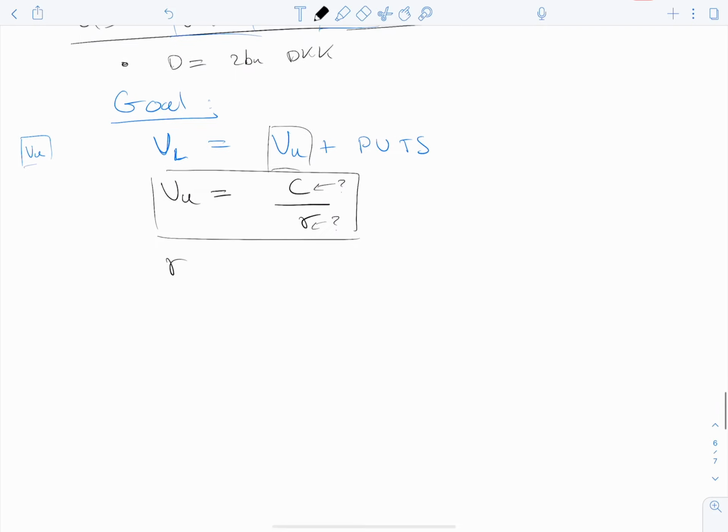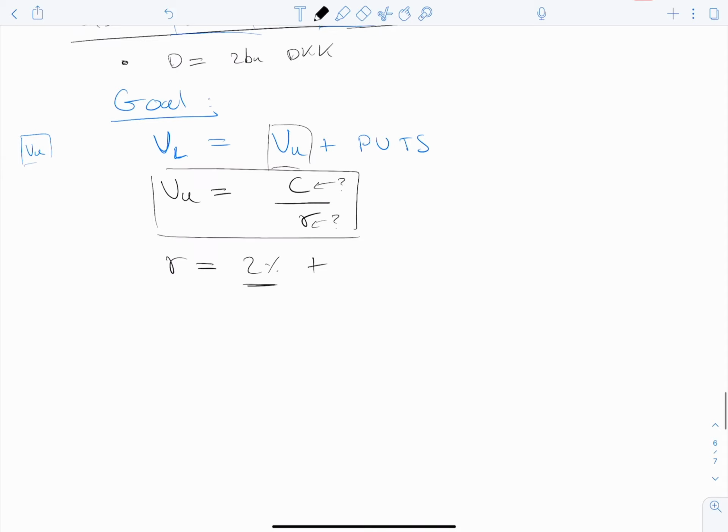If we start with R, the exercise says that we have an asset beta of 1.2 and a risk-free rate of 2%. So we're supposed to use CAPM here. The risk-free rate is 2%, and we have an asset beta of 1.2.